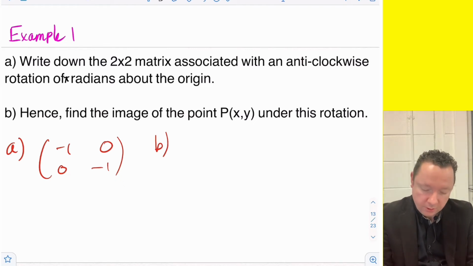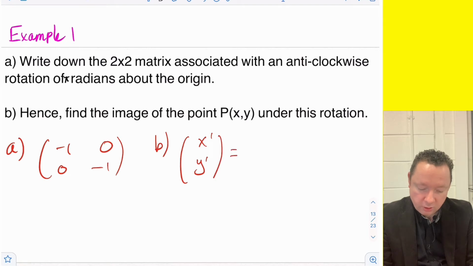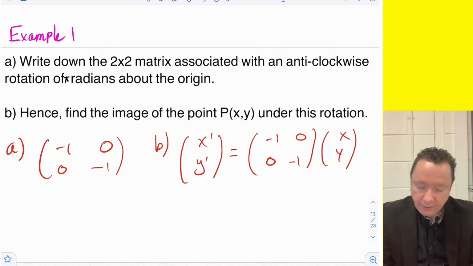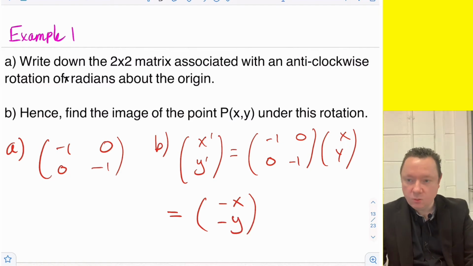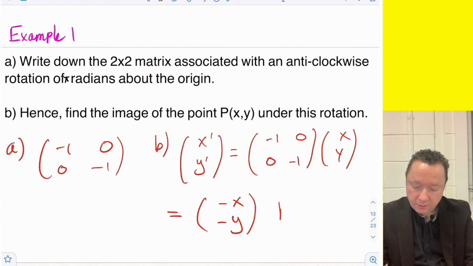So remember, our image is just x prime, y prime, and that equals our transformation matrix times x, y. So that equals minus 1 times x is minus x, 0y, 0x minus y. So minus x, minus y. So our point, to be clear, is just equal to minus x, minus y.